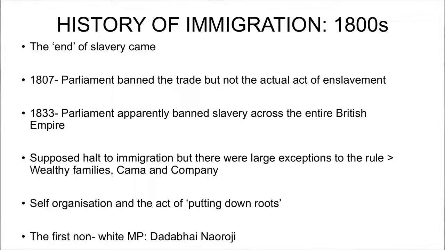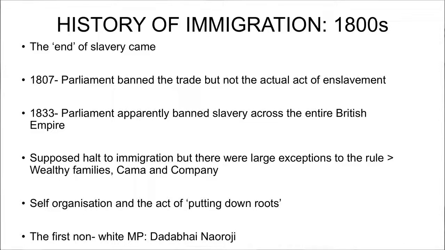And for the people that moved into these areas, there was an idea of putting down roots. If you're taken away from your country, you start to build your own communities, and you want to create a form of self-pride. So we start to see a kind of dichotomy: here we are, we're liberal, and we're going to ban slavery, but we're still going to allow it to operate in certain areas and through certain clauses.